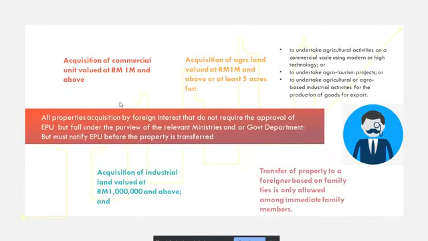So basically, according to the guideline, all the property acquisition by foreigner or non-citizen does not require the approval of EPU, but berada di bawah bidang kuasa kementerian atau jabatan kerajaan yang berkaitan lah.